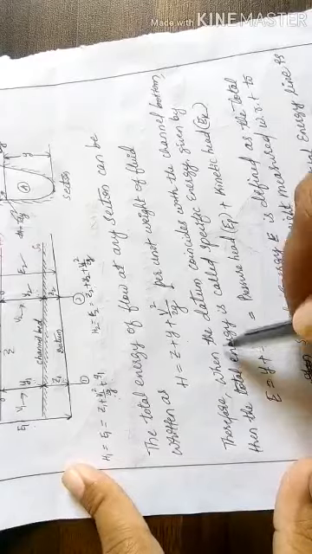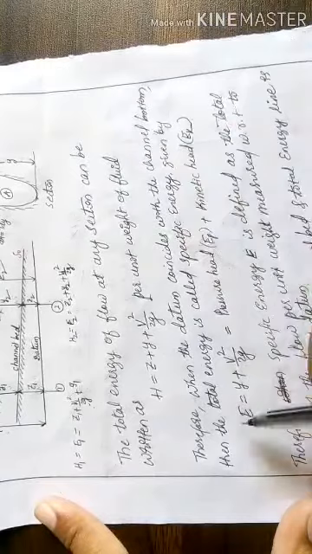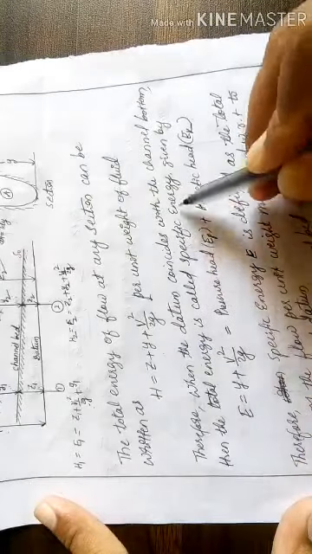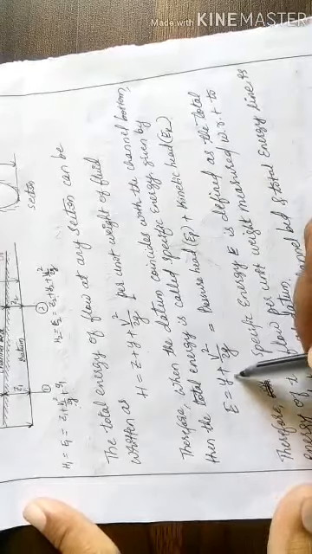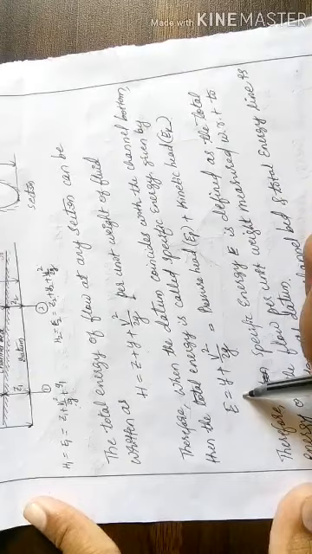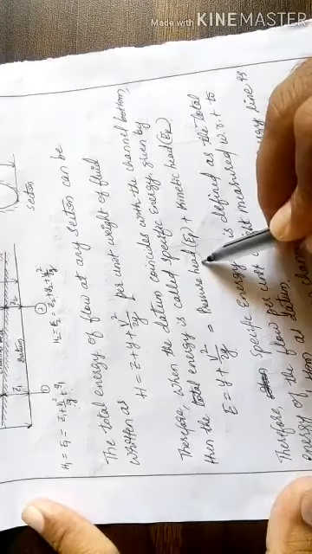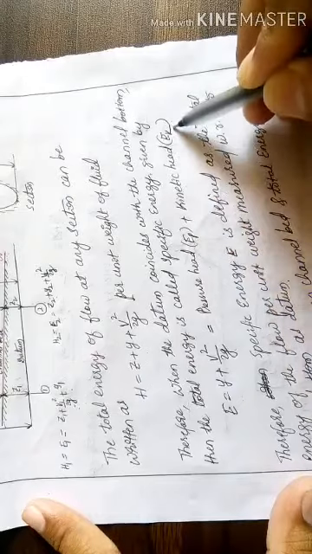So when the datum coincides with the channel bottom, the total energy is called specific energy, and that is given by E equal to y plus v square by 2g. That means the specific energy comprises pressure head, written as EP, plus kinetic head EK.